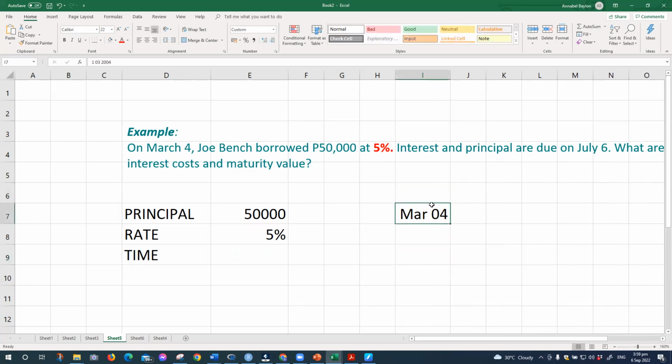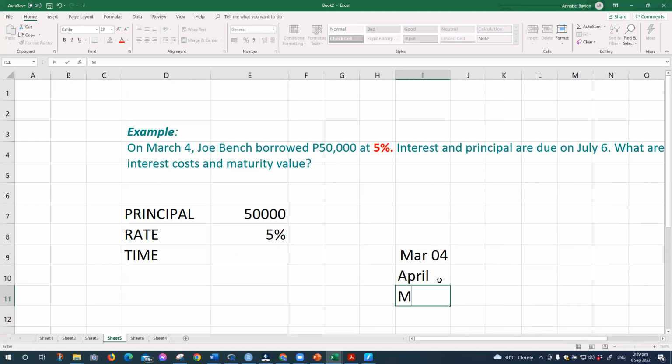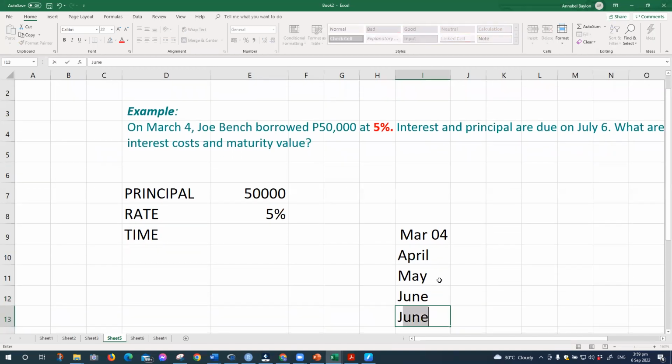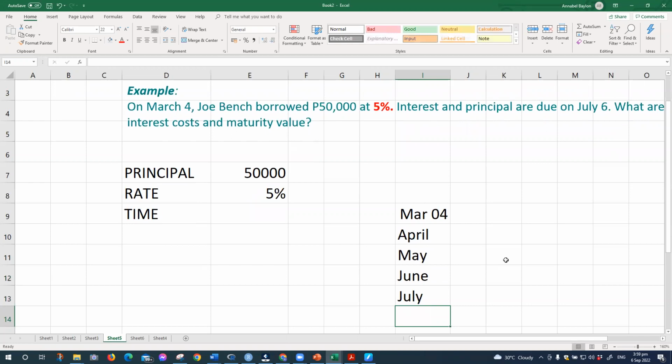Magbibilang tayo, no? Let's just first count. March 4, so April, tapos May, tapos June, tapos July. All right? We have to know the number of days between March 4 and July 6.